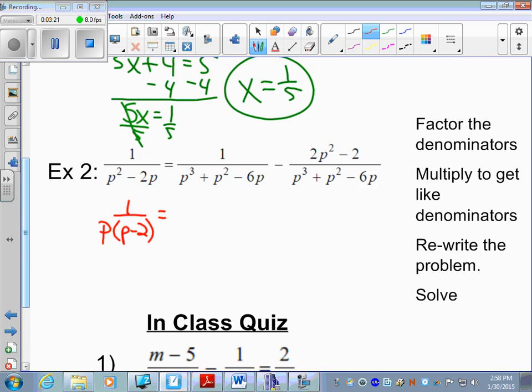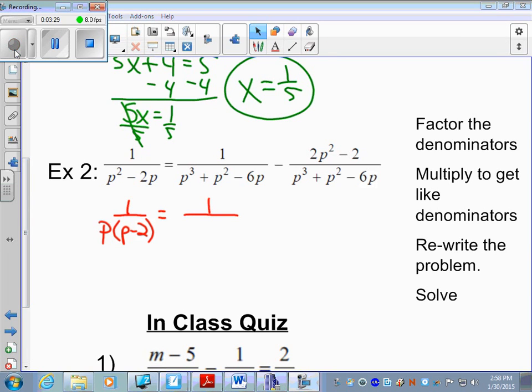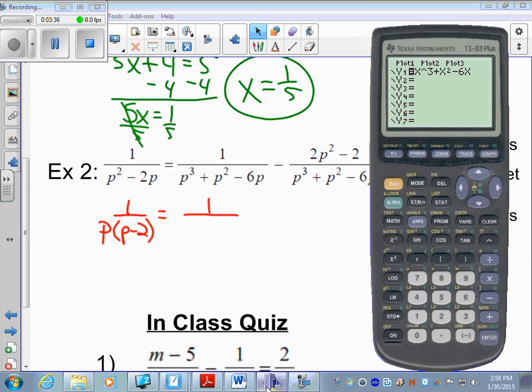And the second fraction, I need to factor the denominator. The way I taught you guys how to factor, put it in the calculator, graph it. We need to get our x-intercepts. One way is to go to the table. They look like they're all nice x-intercepts. And -3, so the factor is x plus 3, x for 0, and x minus 2 for 2.